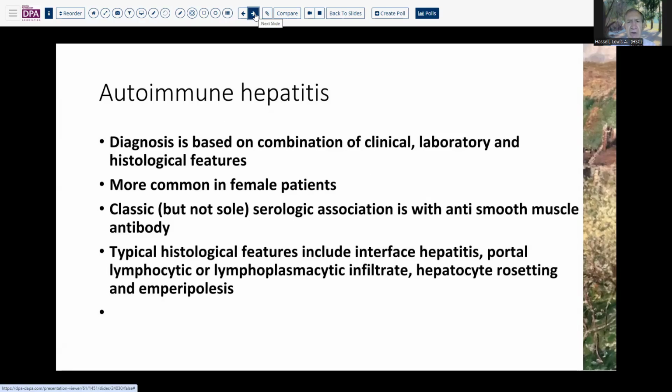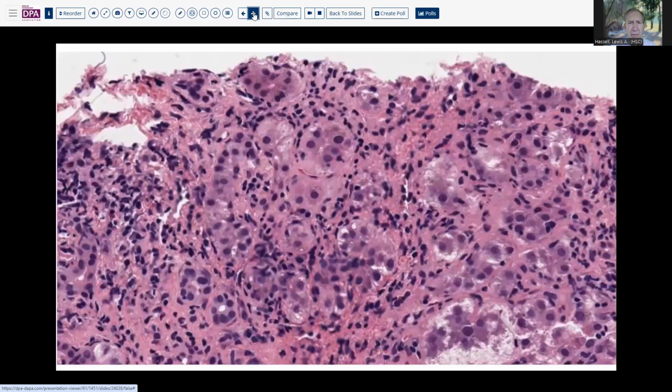Some people have described rosetting, although that's not felt to be a highly consistent feature. So here's a higher magnification view to illustrate the emperipolesis, as you see, some intrahepatocyte lymphoid nuclei.